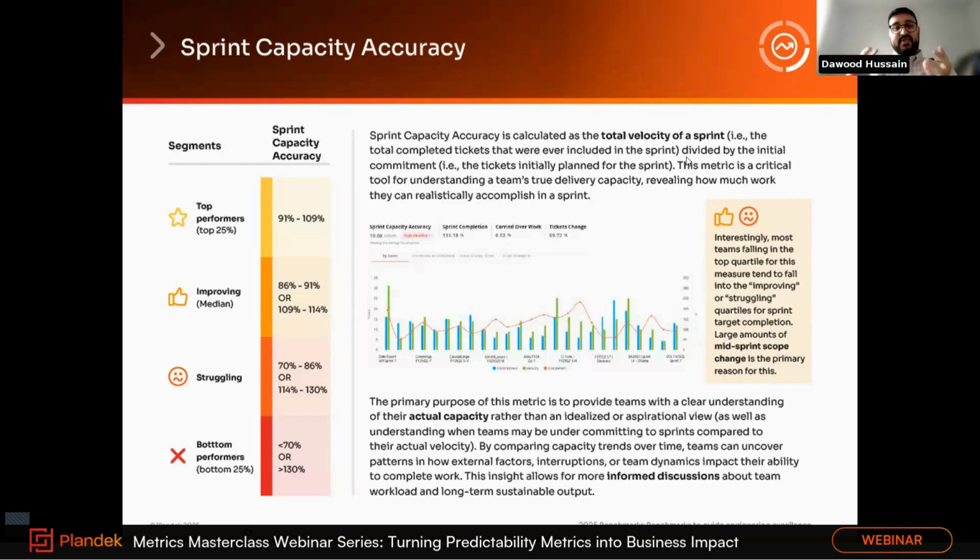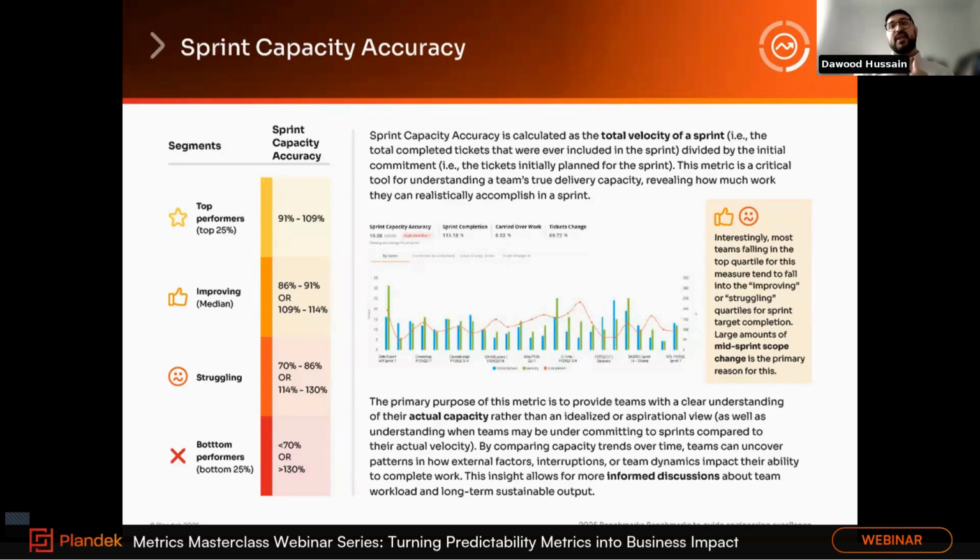Now, this helps answer the question of, do we know our own limits? It compares the total work completed to your initial commitment. So the formula is simple. It's your velocity divided by your initial commitment. And the ideal range, as you can see here, is between 91 to 109%.